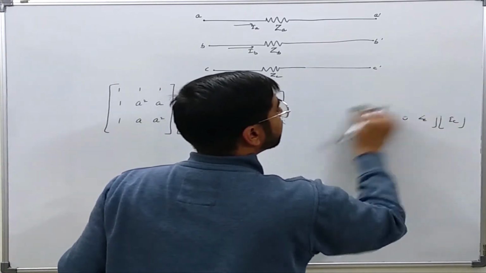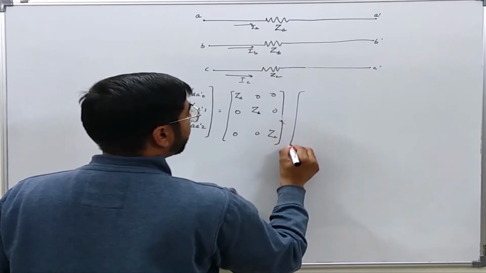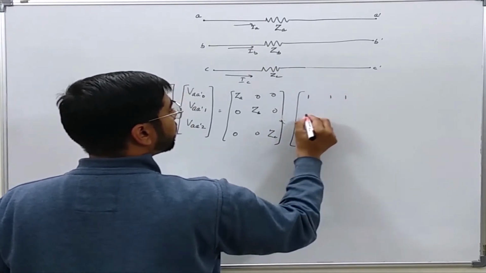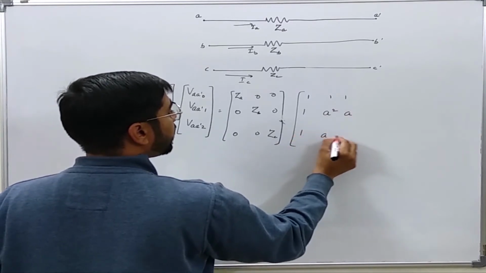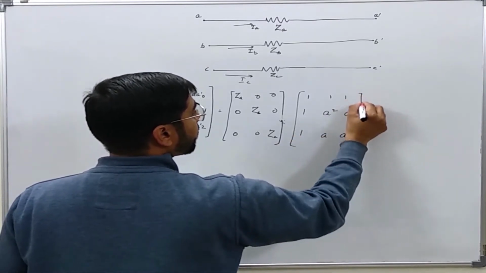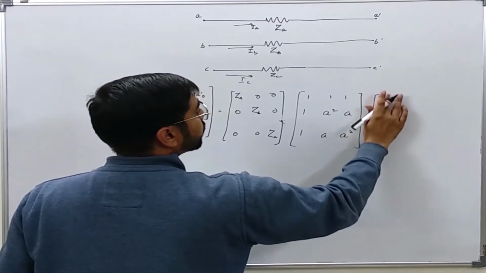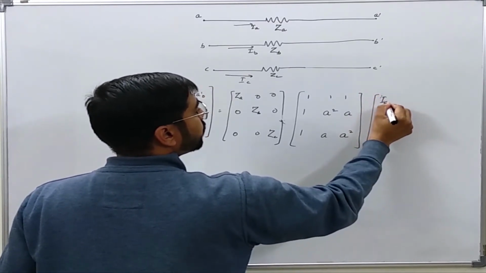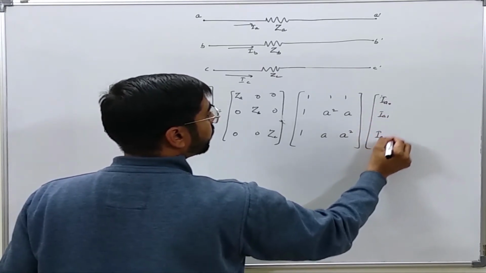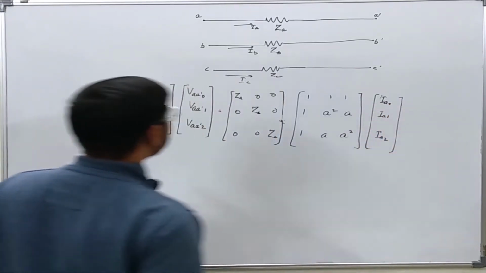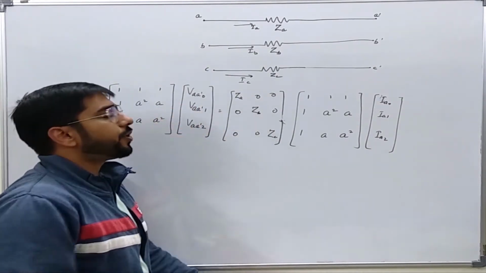Again it is A times IA0, IA1, IA2, that is 1 1 1, 1 a square a, 1 a a square, multiplied by IA0, IA1, IA2.